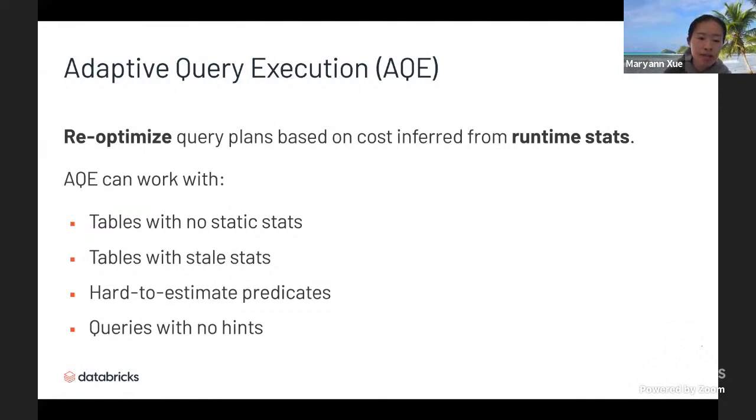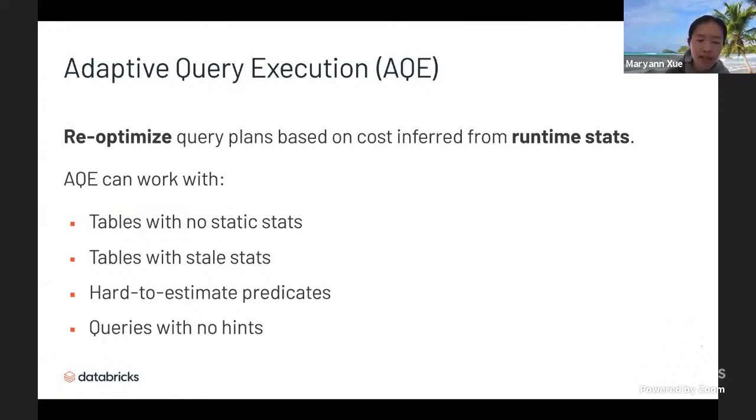Adaptive query execution, or AQE, performs iterative query re-optimizations at runtime based on runtime stats we collect during the query execution process. So unlike static CBO, AQE can also work with tables that have no stats, or tables that have stale stats, or queries containing those hard-to-estimate predicates.